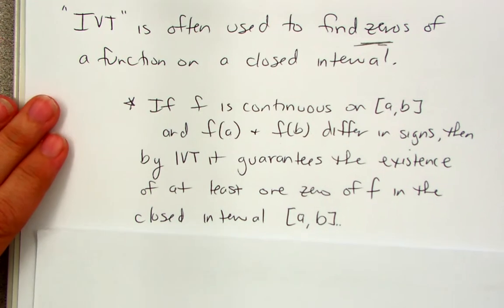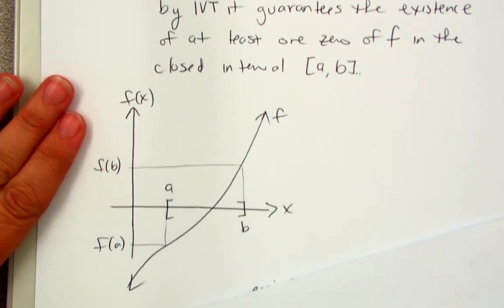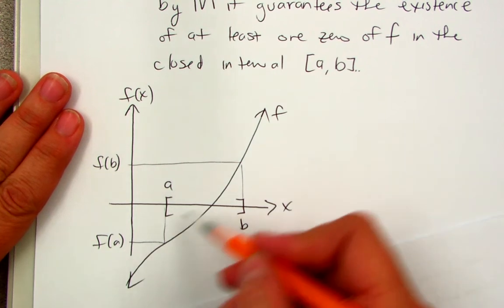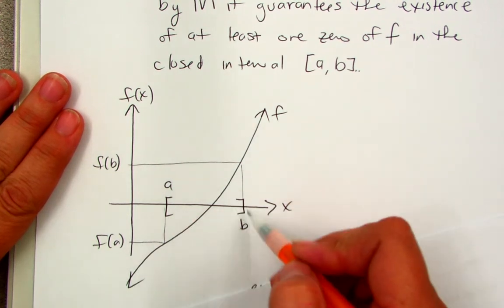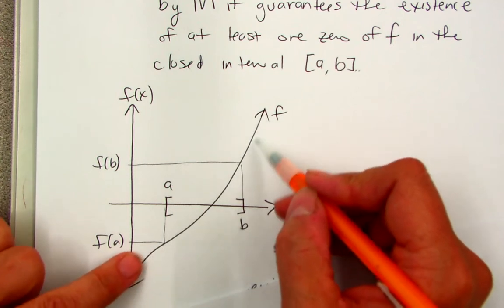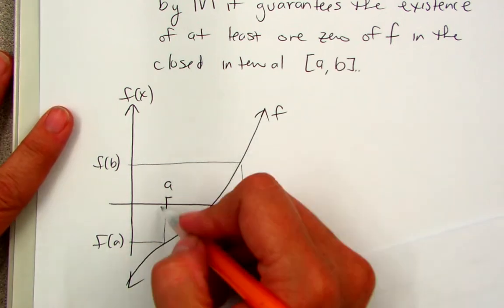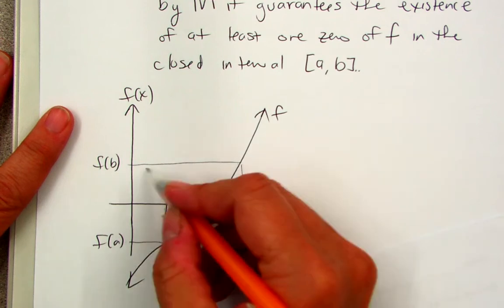So let me draw a picture of that. In fact, I've already done that once. Draw another one. So here is my function f. On the closed interval from A to B, it is clearly continuous in between. I'm really not asking about outside of the closed interval. And so f of A is here and f of B is here.